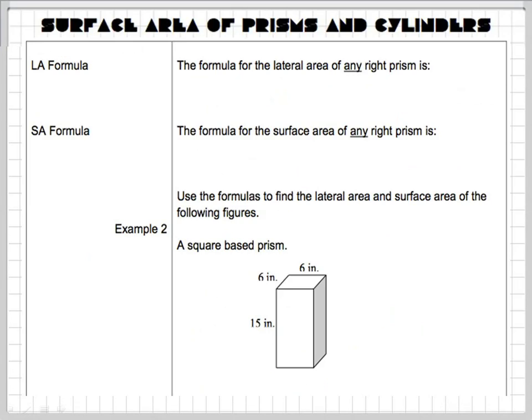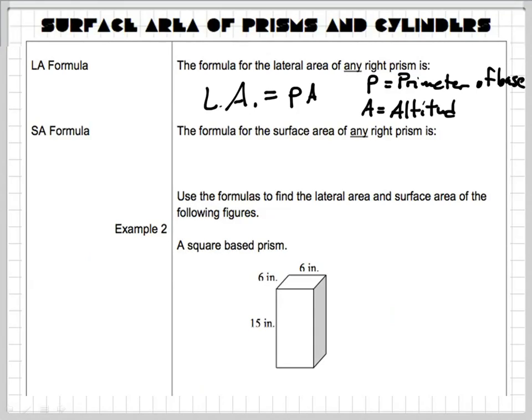And that is where we're gonna get our formula. The formula to find the lateral area of any right prism is going to be LA equals the perimeter times A for altitude. P equals perimeter of base, and A equals altitude.